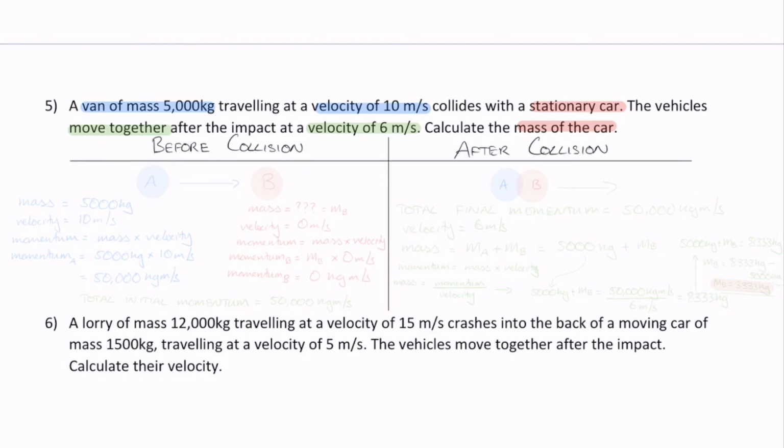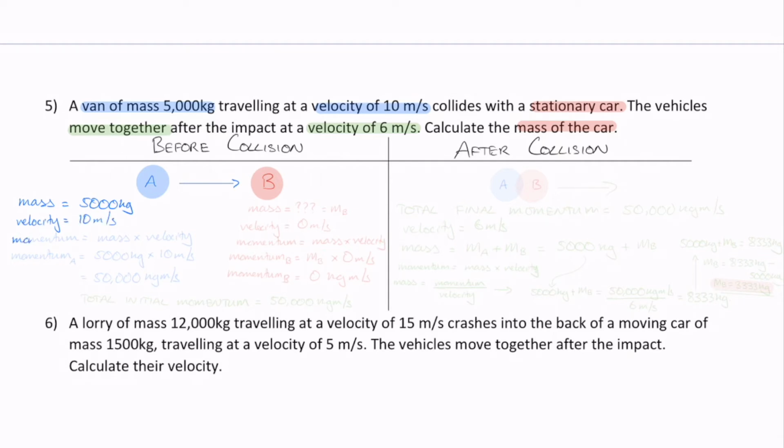That's the mass of object B, so we'll highlight it in red. Once again, let's bring up our table to analyze body A and body B before and after the collision. So before collision, we have body A moving towards body B. Body A is in blue, and body B again is in red. Body A, the van, has a mass of 5,000 kilograms and a velocity of 10 meters per second.